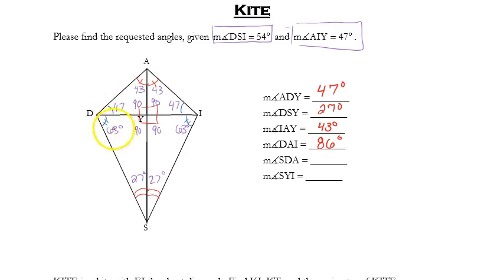These along your short diagonal are rarely, if ever, congruent. I have to add 63 and 47. I get 110 degrees. And angle SYI, that's my angle at the intersection of the diagonals, that's a 90-degree angle.